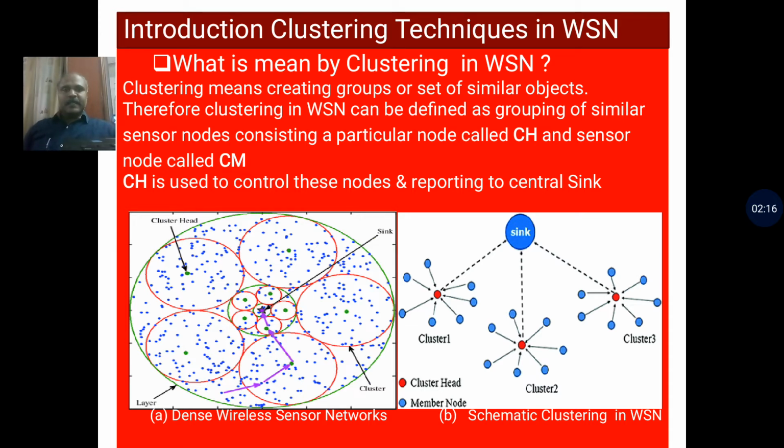This secondary node, the cluster head, is used to control these primary nodes and report to the central sink for network purposes. Sink is also called the base station. The sink will collect the data from the cluster head and transmit it to the internet for further networking applications.